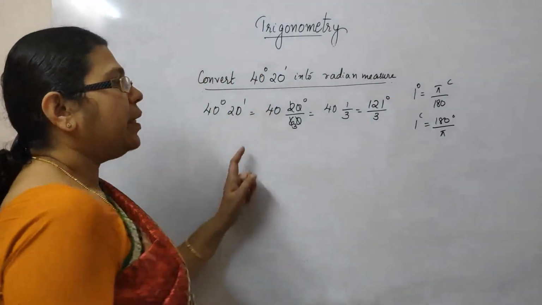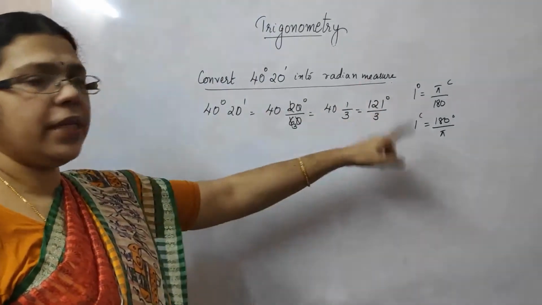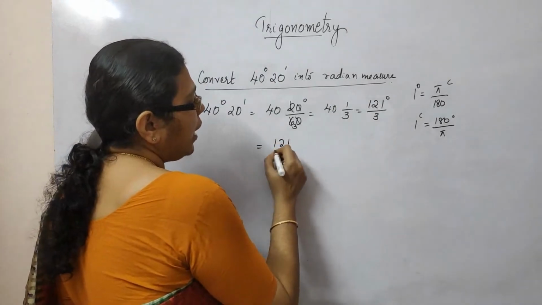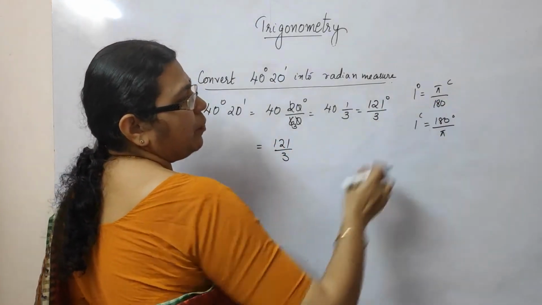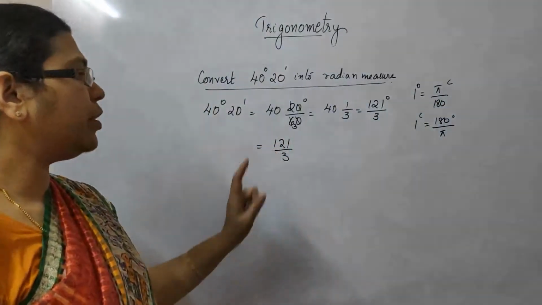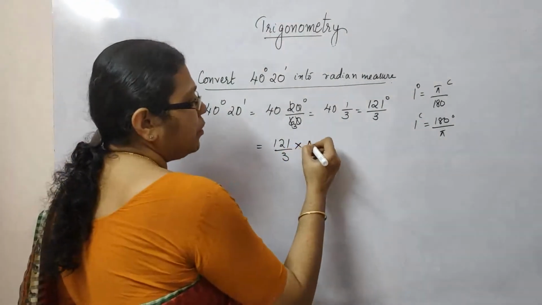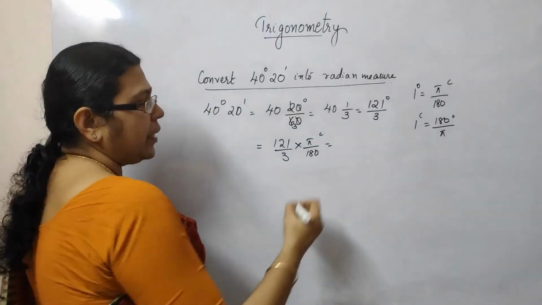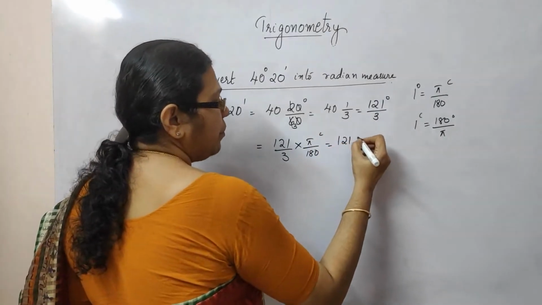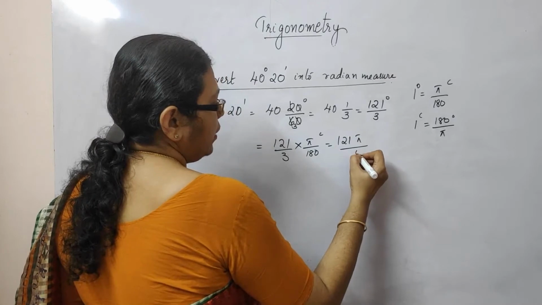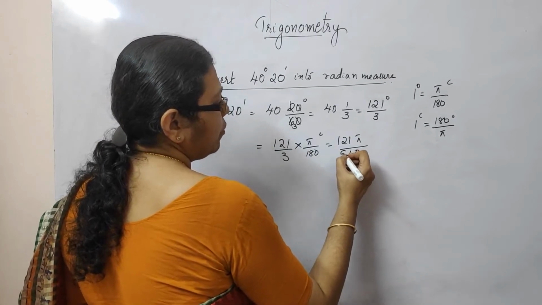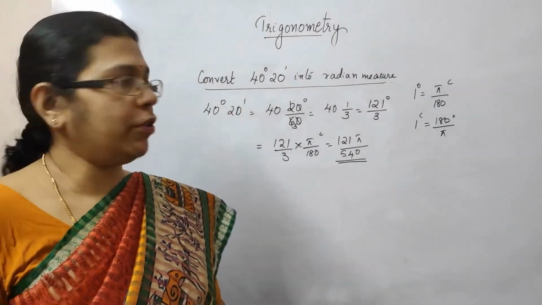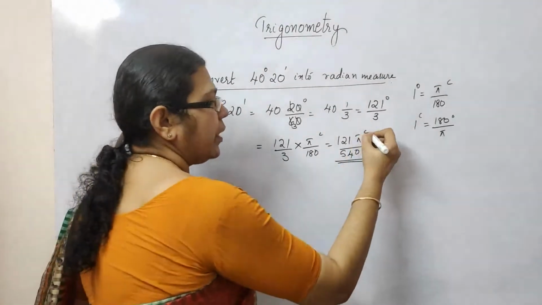Now to convert this into radian measure, I know that 1 degree is equal to pi by 180 radian. So this much degree is equal to 121 by 3 into pi by 180 radian. That gives me 121 pi by 540 radians.